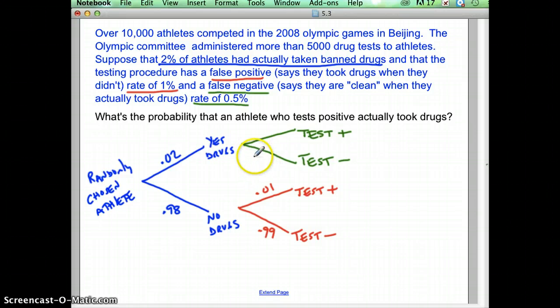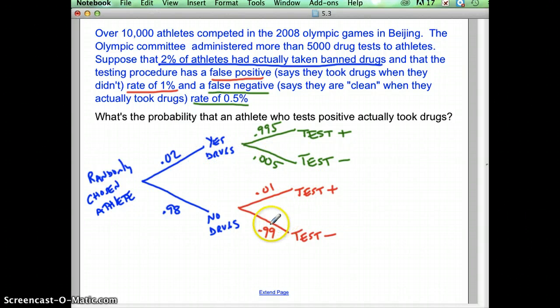So that would go right here. Now I have to convert that 0.5%, so it would be 0.005. Test negative even when they are positive. So if 0.5% test negative, then what percent would test positive? 99.5. So that would be 0.995. Okay, so 99.5% of the time, the test says positive when they were positive.